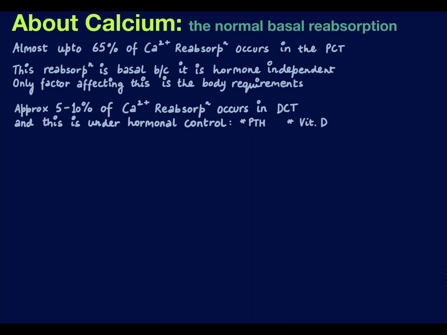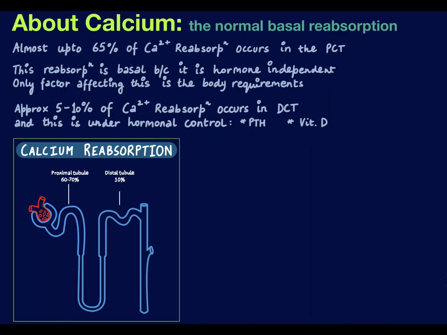Only 5 to 10% of calcium reabsorption occurs in the DCT. And this reabsorption of calcium in the DCT is hormone dependent. So the only factor that can affect this basal reabsorption of calcium in the PCT is the body requirement of calcium.